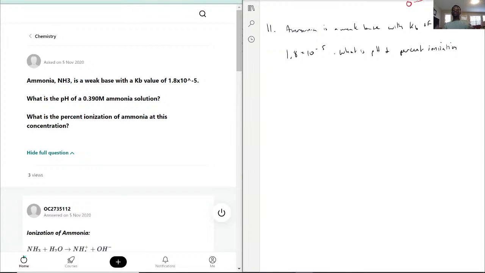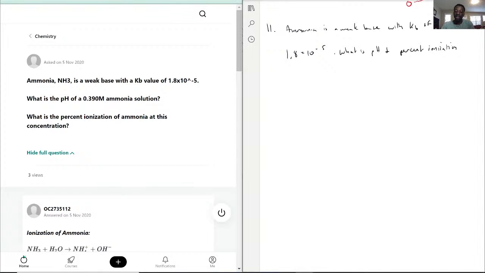So for this, we need to go through step by step to be able to find this and put the whole picture together. The first thing we need to understand about ammonia is how it reacts with water to be the weak base, as it says in this question.